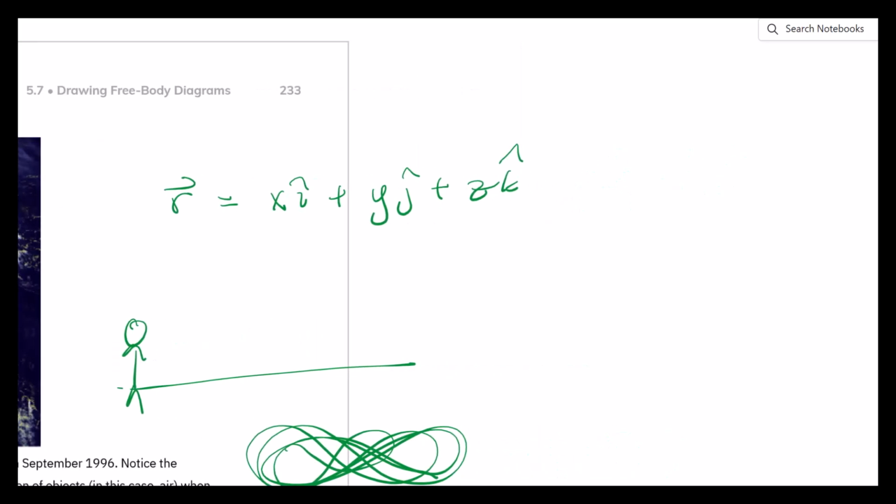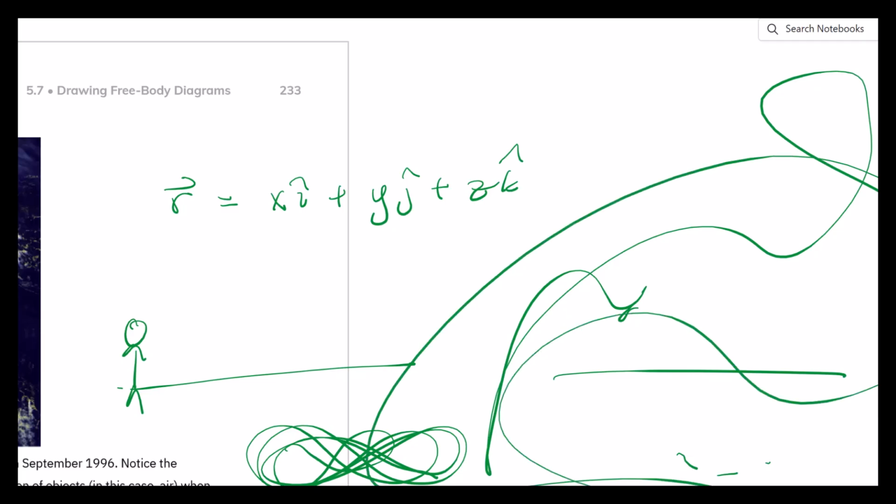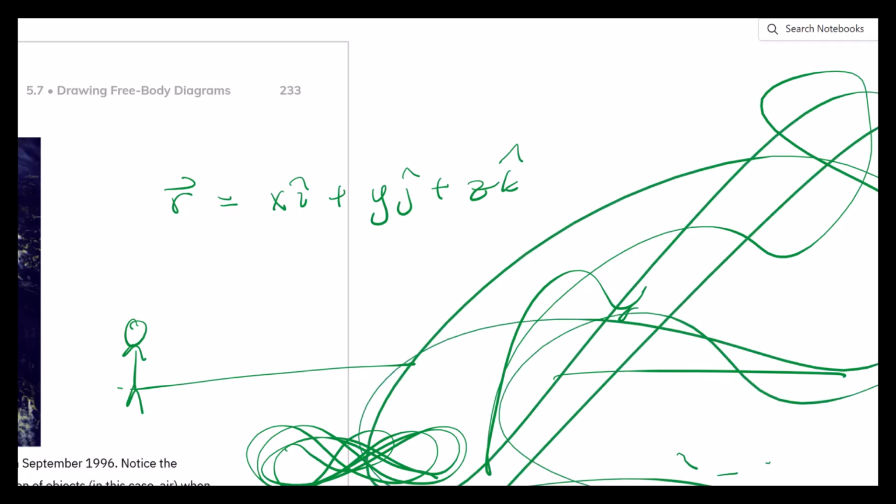But if a person is scuba diving and they're trying to watch me, I'm going everywhere, okay? Because they have a rotating reference frame, but they don't know it.